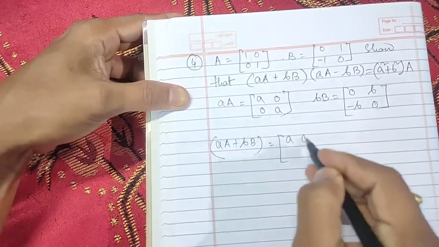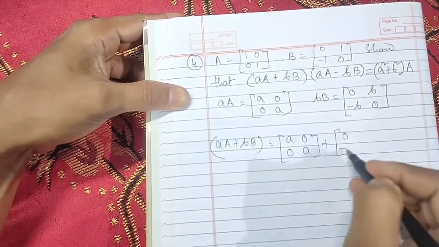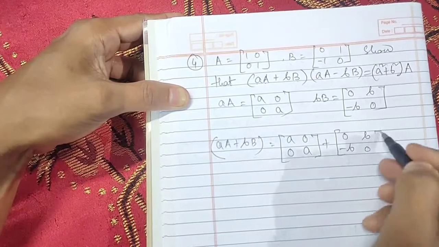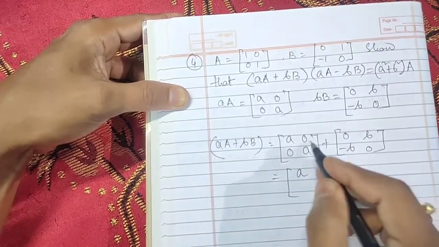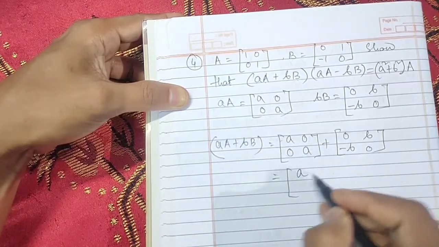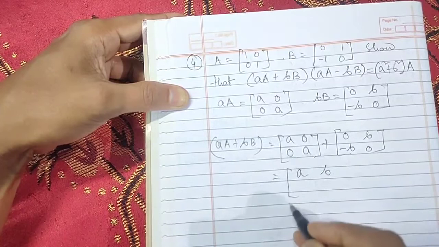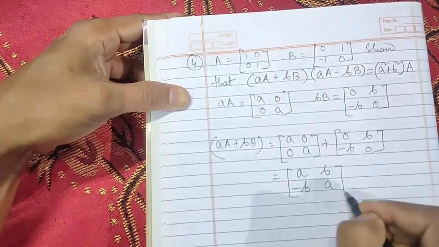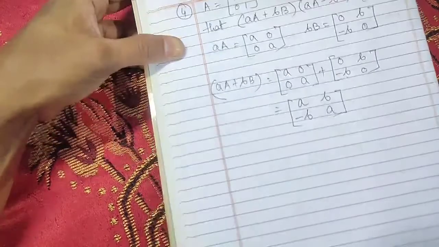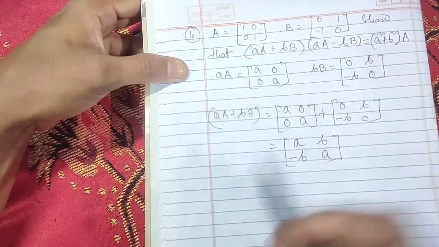So aA plus bB, this value you have to find. That means a 0, 0 a plus 0 b, minus b 0 is equal to a plus 0, that is a; 0 plus b, that is b; 0 plus minus b, that is minus b; a plus 0, that is a. This is coming. Now you have to find aA minus bB.